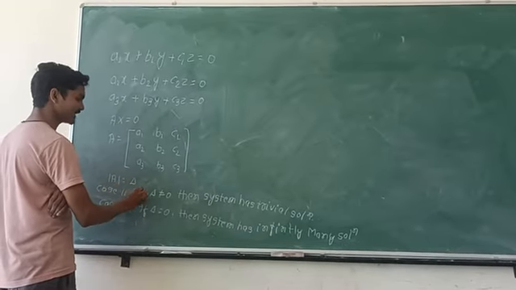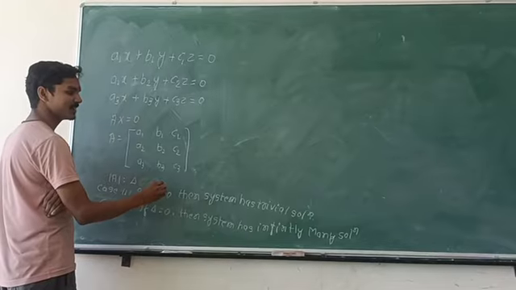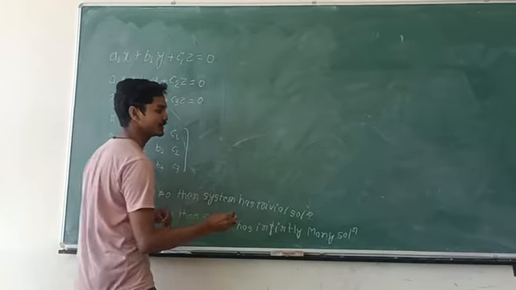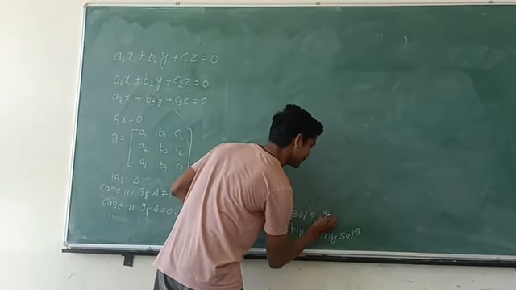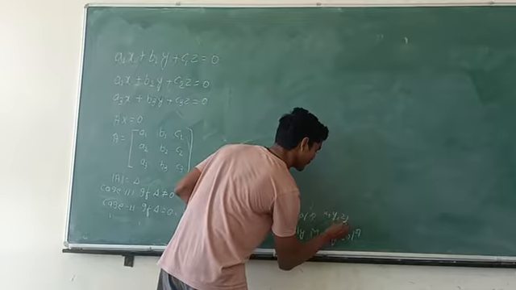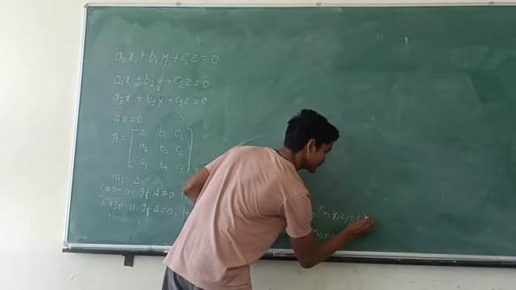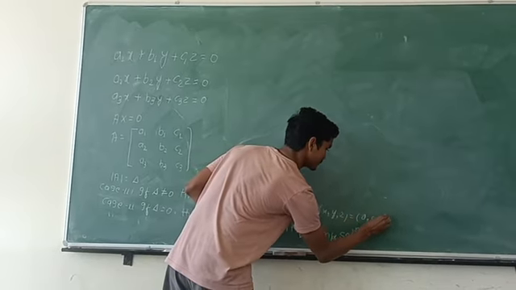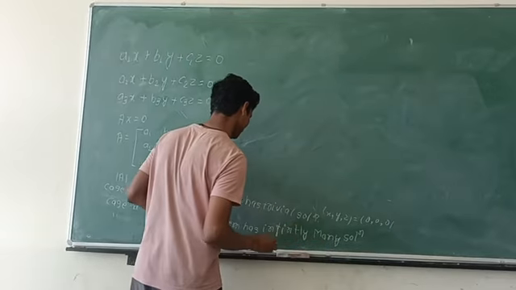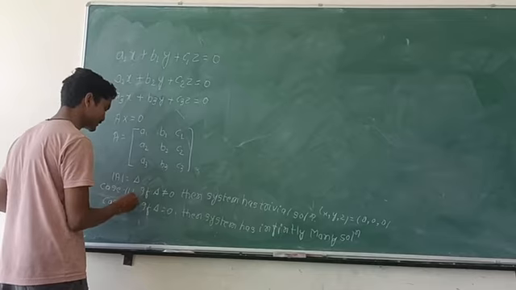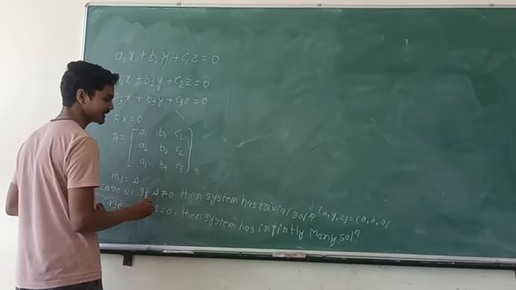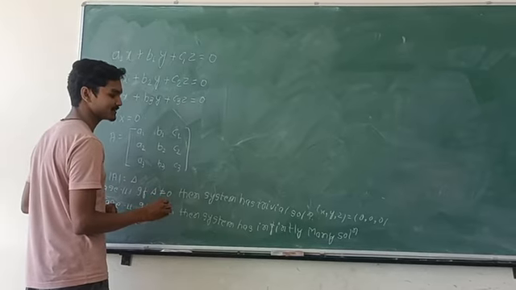Case 1: if delta is not equal to 0, then the system has the trivial solution, that means x, y, z are all 0. We will see this by example. Case 2: if delta is equal to 0, then the system has infinitely many solutions.